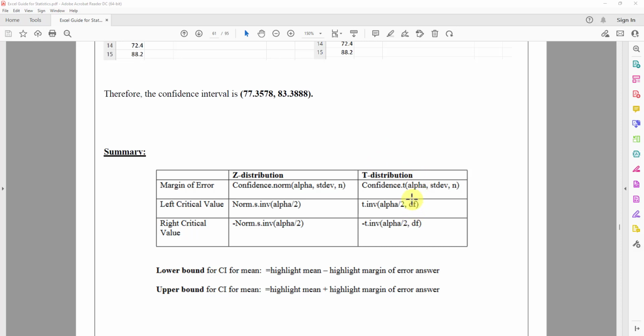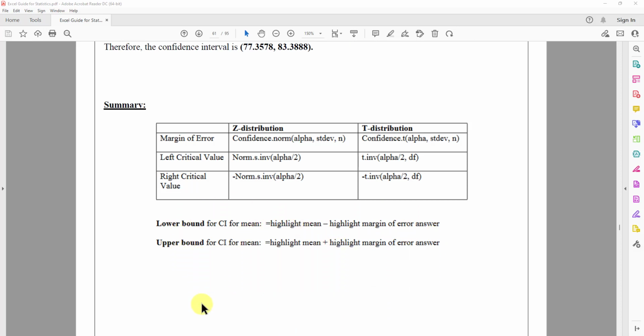And don't forget the degrees of freedom. And then for the right critical value, we just put the negative of the left critical value because they are symmetric, right? For the z and the t distribution, they are symmetric. So the left and the right critical values are just on opposite sides. And then remember, for the lower bound, we highlight the mean and subtract the margin of error, and we add them if we want to get the upper bound.